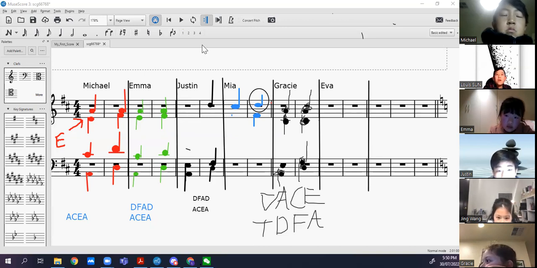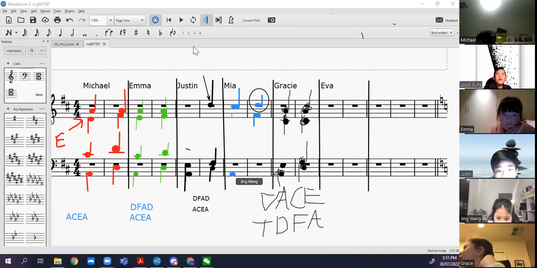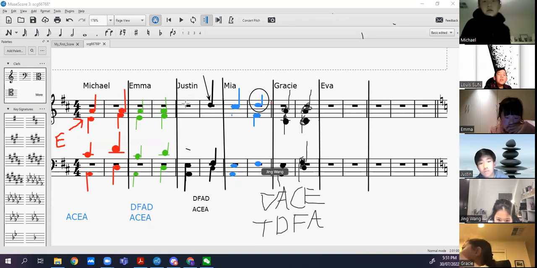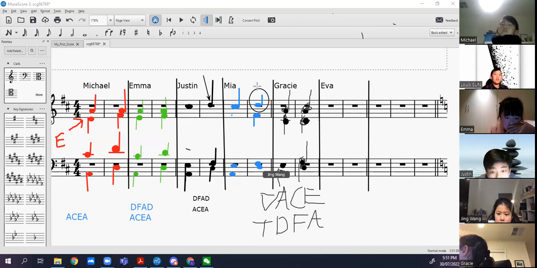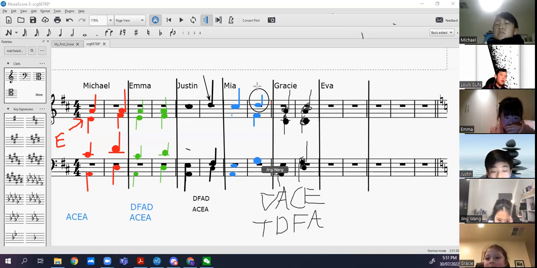So look, I want to bring your attention to this. You've got the tonic in the soprano. All you have to do now is put the leading note right here, and you've got your leading note to tonic. Okay? So if you want, you can put the tonic anywhere you want, just make sure that the leading note is right before it.